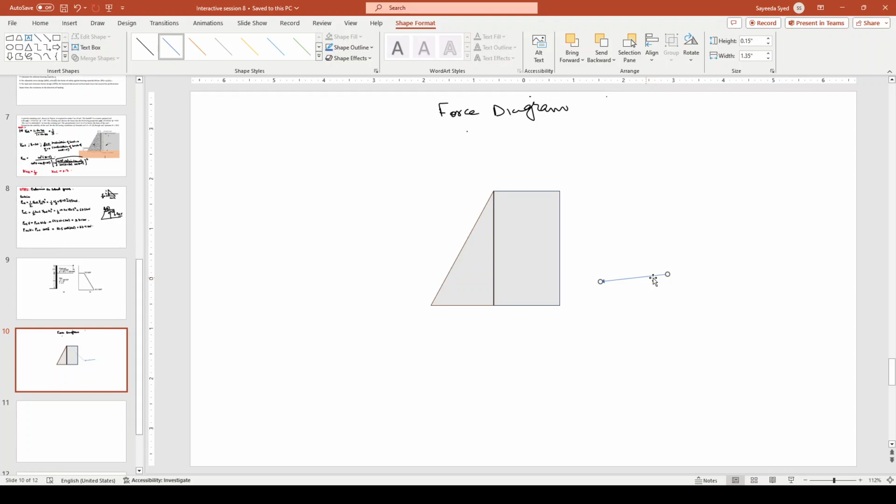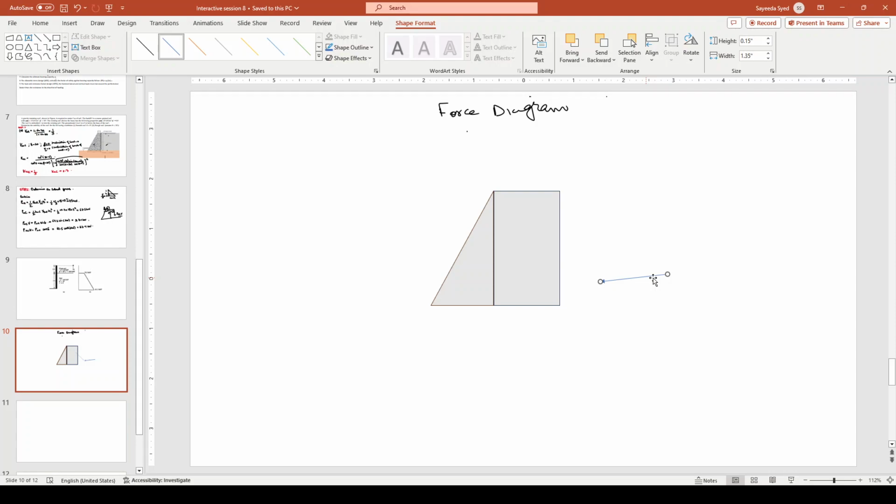We will have a load like this at H by 3, and this is for the Coulomb. This will be at 20 degrees.